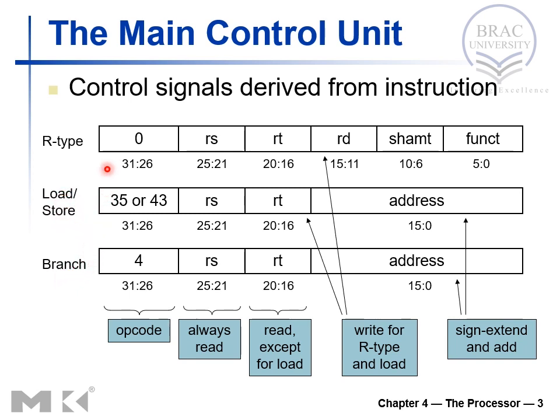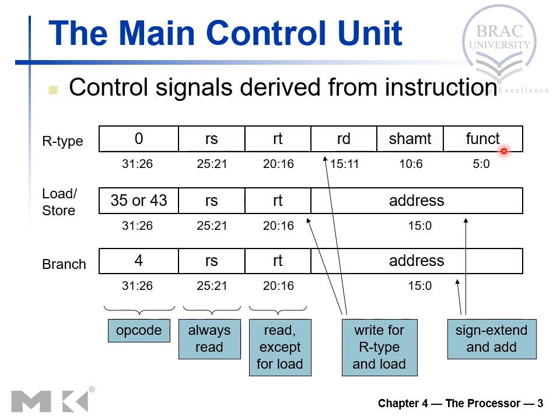So we already know the names of the various fields. For all these 3 instructions, this is the opcode. For R-type instructions, we all know that the opcode will be 0, that's why it is 0. And then we have RS, RT, RD, that means source 1, source 2, and destination.